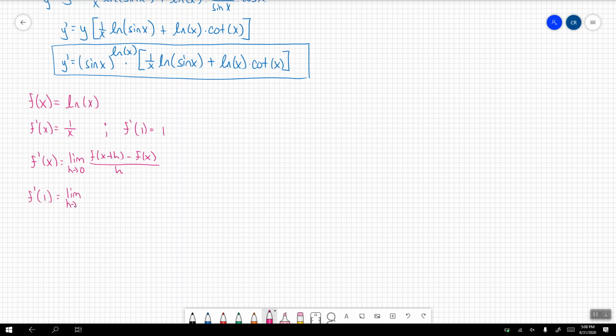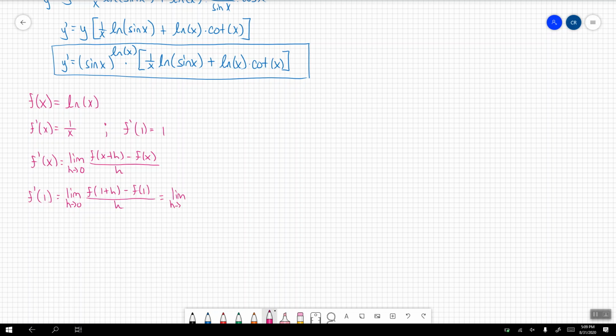Limit as h is approaching 0 for f of 1 plus h minus f of 1, all divided by h. Alright, looking pretty good so far. So we're going to keep going.